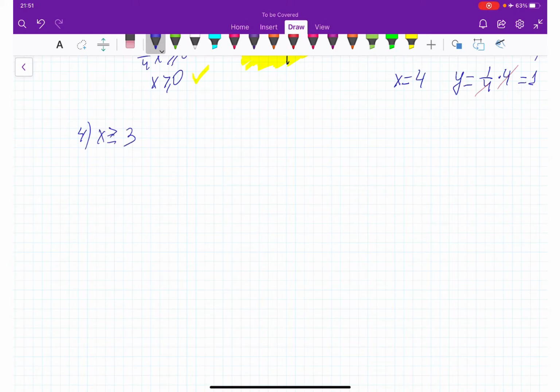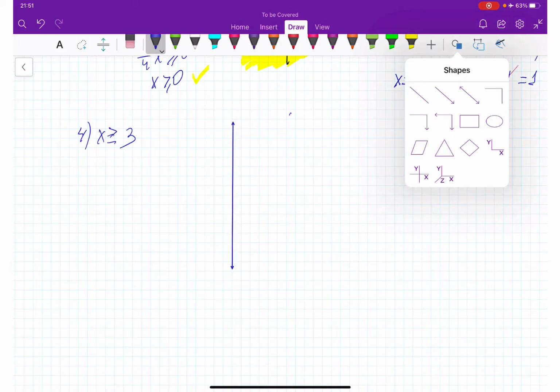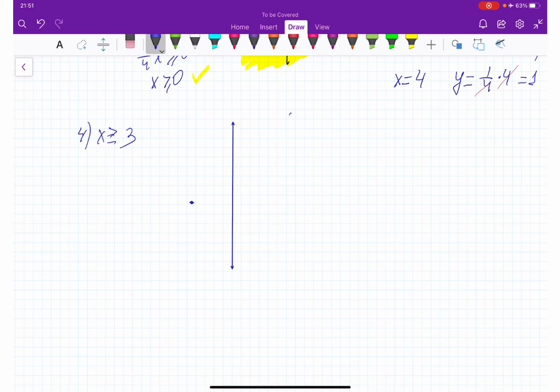x is greater than or equal to 3. All right. x is greater than or equal to 3. So to be able to graph, we write down x is greater than 3. Okay, where is 3? This is 2, this is 4. 3 is going to be right here.